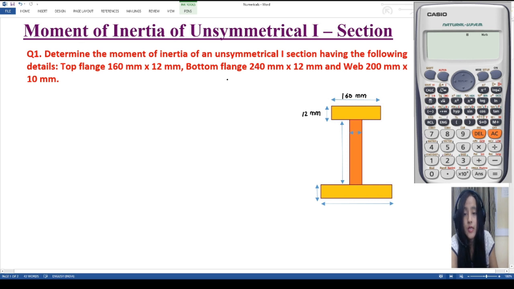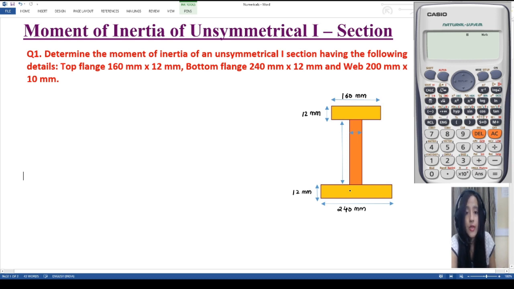Similarly, bottom flange is 240 mm into 12 mm. So this is my bottom flange here, equal to 240 mm and its depth is again 12 mm.